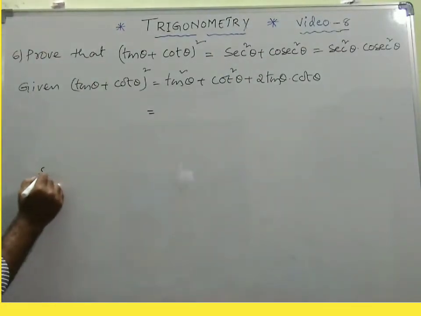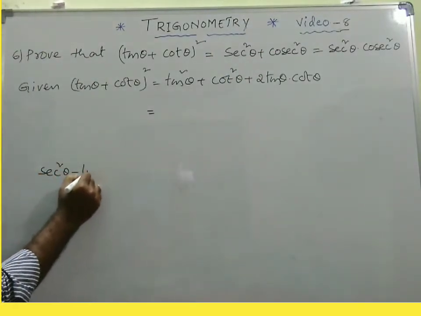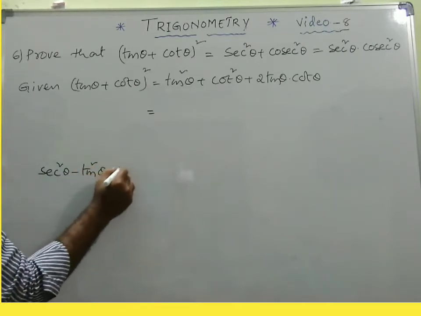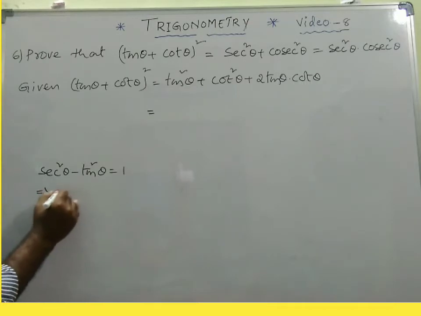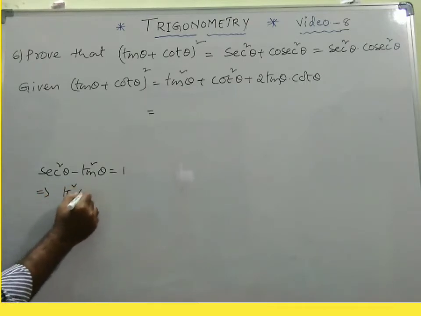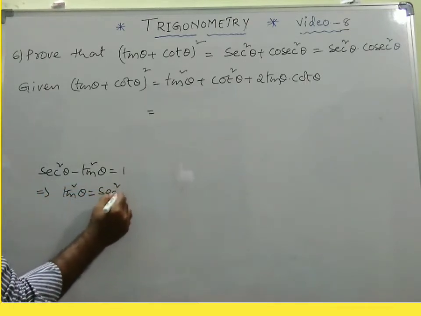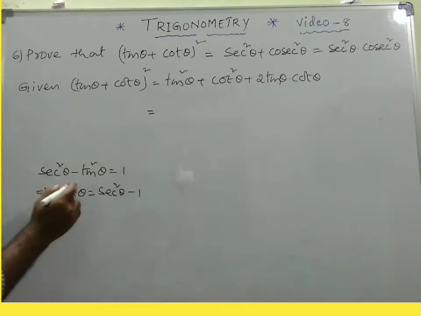You know, my dear, we have an identity that secant square theta minus tan square theta is equal to 1. So from this, we can write that tan square theta is equal to secant square theta minus 1. Just rearrange.